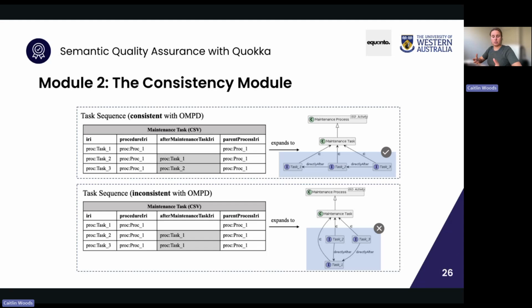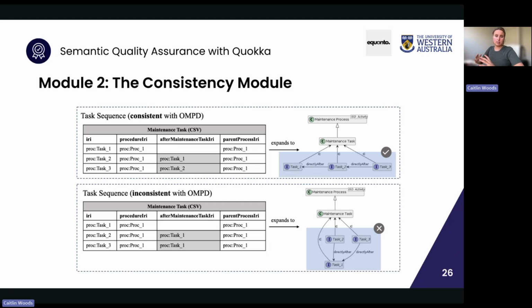Once the ontology has been transformed into an OWL format, we can use OWL reasoners such as Pellet and HermiT. In this case, we used Pellet to check the data for consistency against the axioms of the ontology for maintenance procedure documentation. So for example, in the OMPD ontology, we decided to model tasks sequentially and enforced a sequential structure for the steps in the procedure.